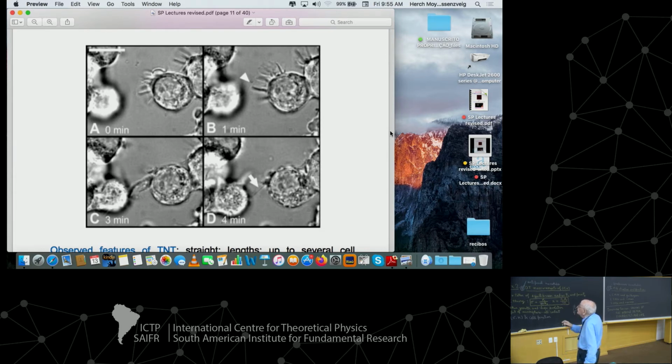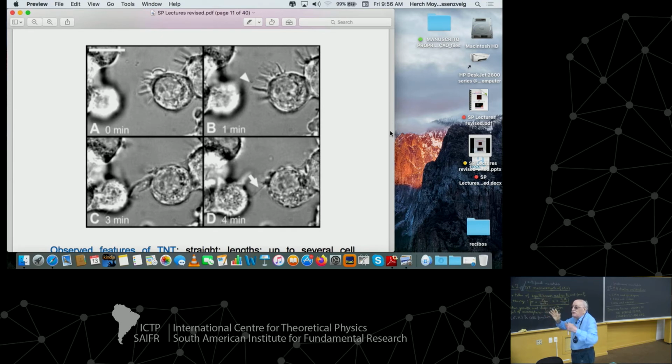Here is the time in minutes, and you will see how to form a nanotube between this cell and the cell above it. What is happening is that the cell here that is trying to get attached extends these kind of things like filopodia, which grow in different directions and move as if they were probing the environment.